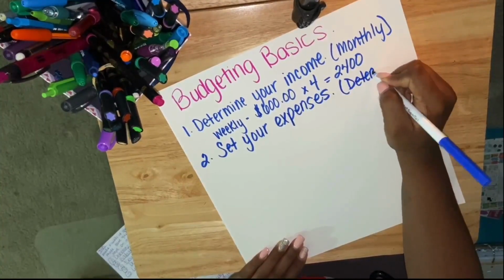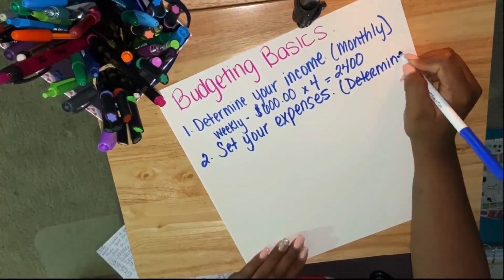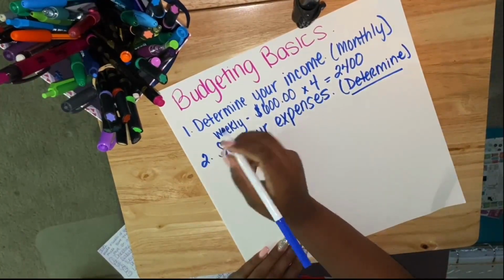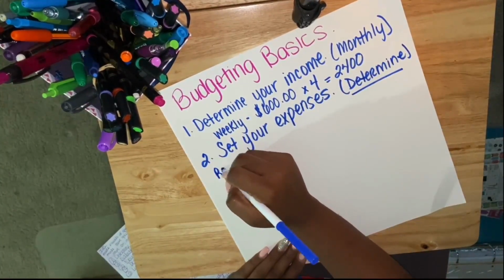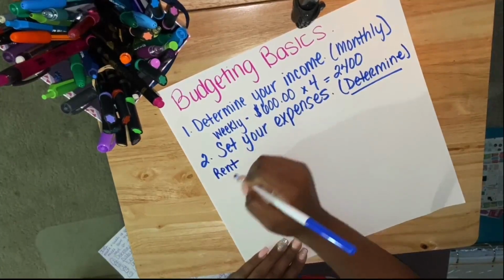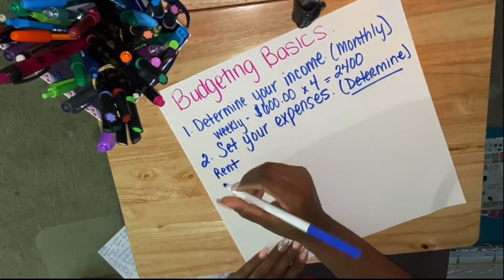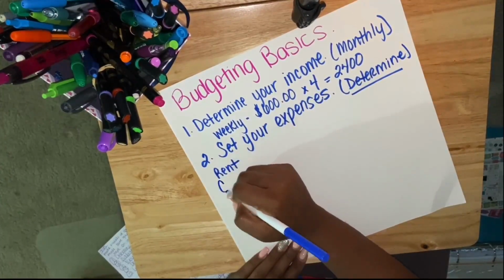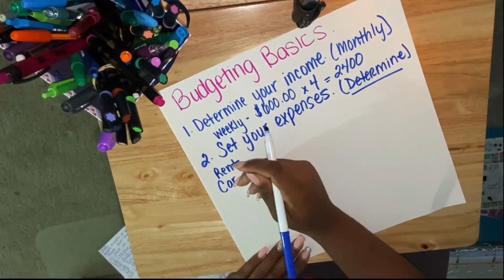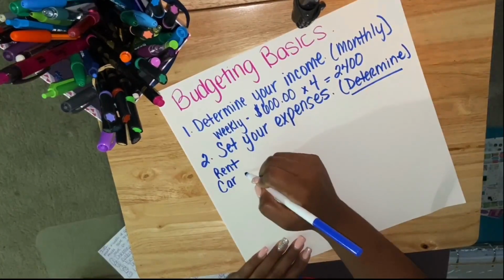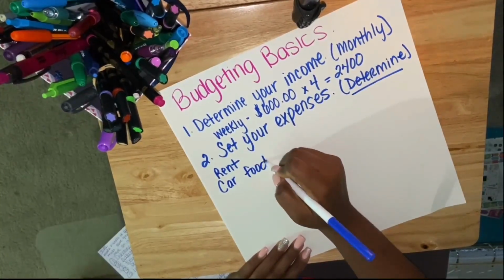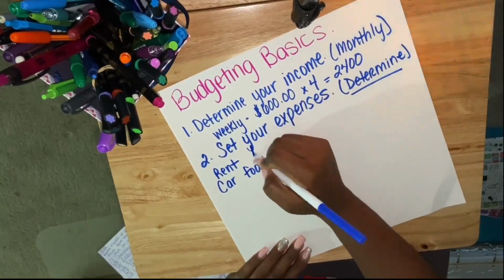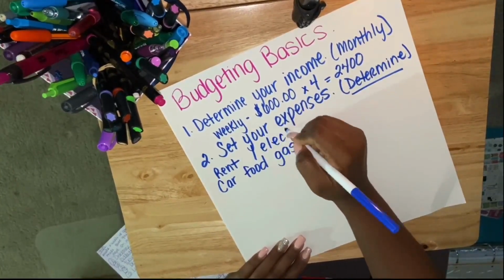All right, so that would be for things as in rent, basically your 4 walls. So you'll have rent, you'll have your car, you will have things as in like food, gas, electric bill.